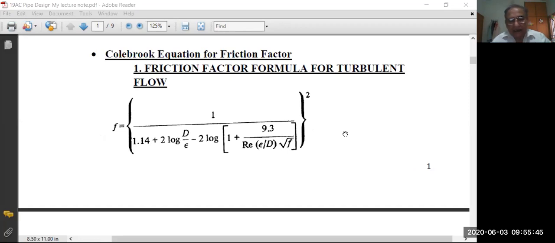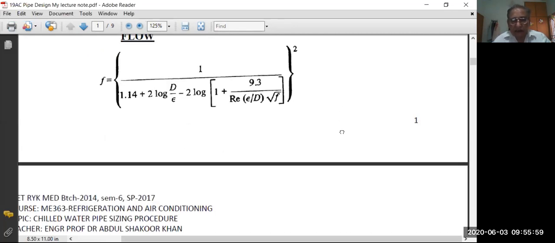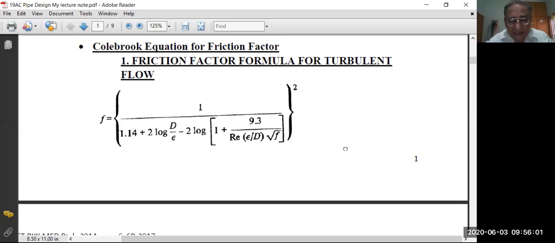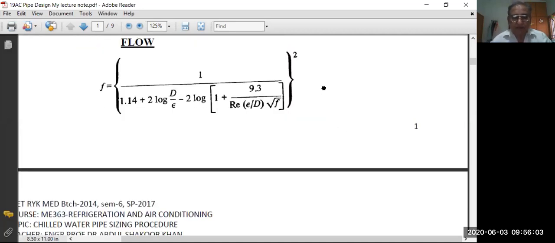We need relative roughness of the pipe, epsilon upon D or D upon epsilon, and we need the diameter, epsilon, surface roughness, and Reynolds number. Reynolds number, you know, depends on velocity, diameter, length, and viscosity.